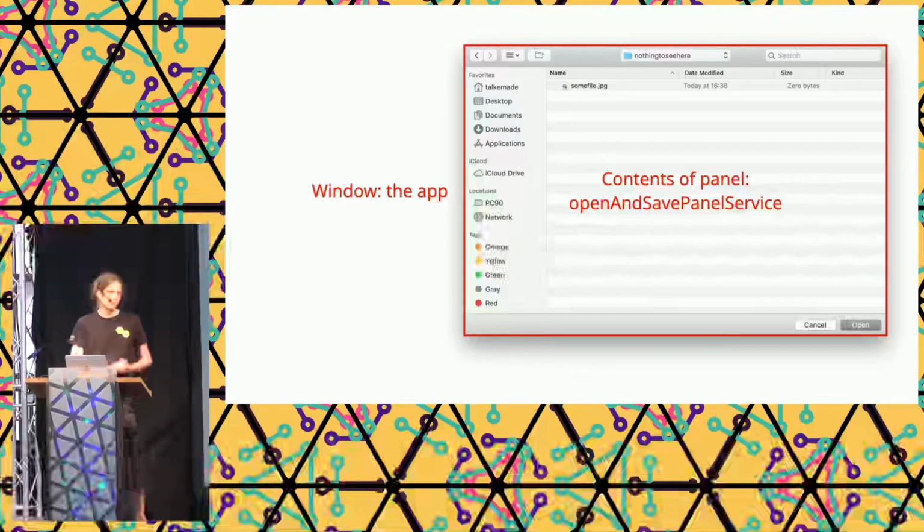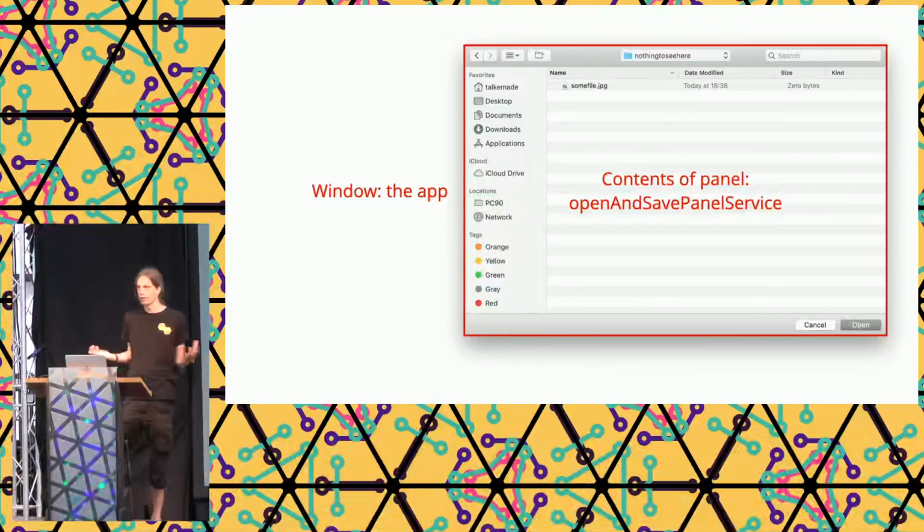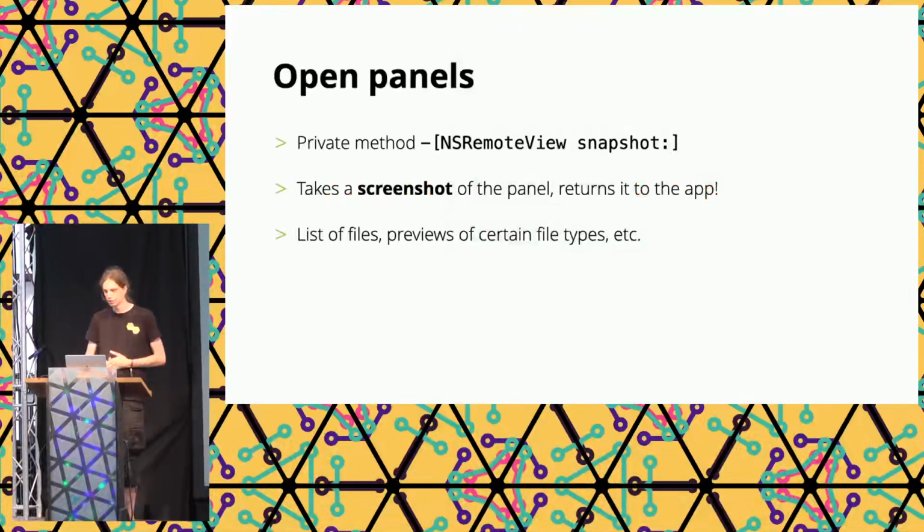But apparently they didn't really think about the security of this very much, because there was a method that you could call. The class is a remote view, so from the point of view of the application. And one thing you could call is snapshot, and if you do that, it would take a picture of the contents of the view and return that to the application.